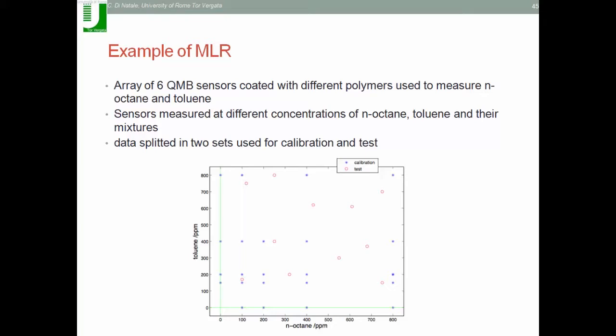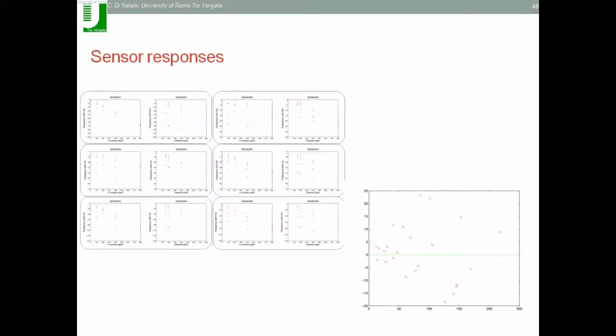So we calculate the regression matrix on the calibration points, and then we apply it to estimate the test points. And we see how good the operation is, looking at the difference between the estimation and the actual value of the test points.